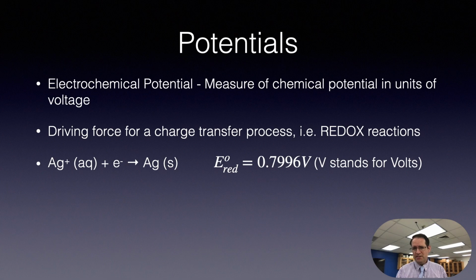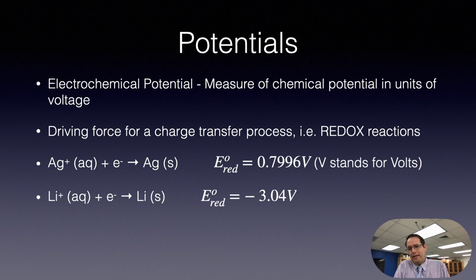And the reduction potential here is equal to 0.7996 volts. Now, this is a spontaneous process, and you can think of it as being a ball on a hill, and it's going to roll downhill and potentially release this amount of energy, electricity, let's call it.